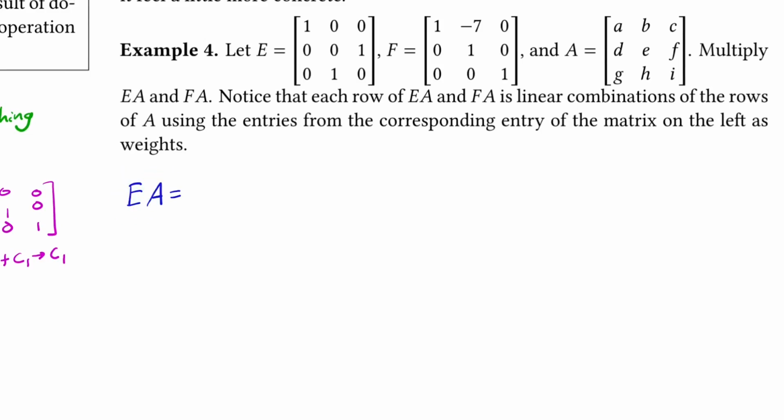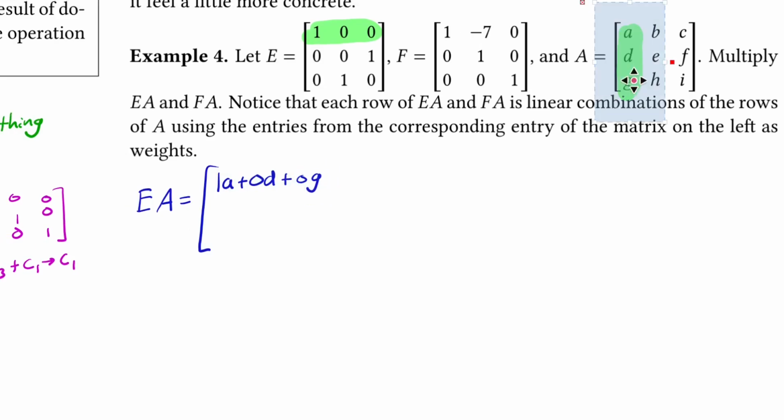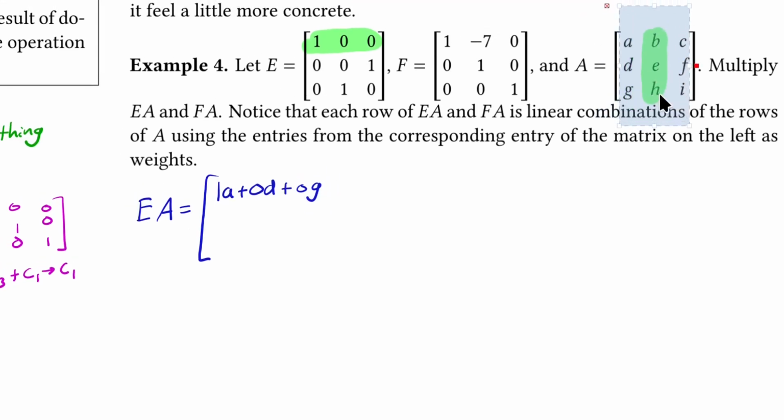Now first, I'm just going to write this out using the row column rule. So for example, row 1, column 1 is just going to be 1A plus 0D plus 0G, like so. And then let's go to the next column here.